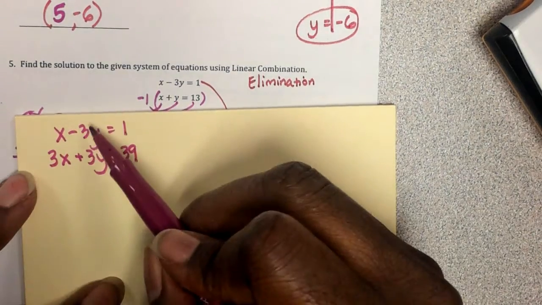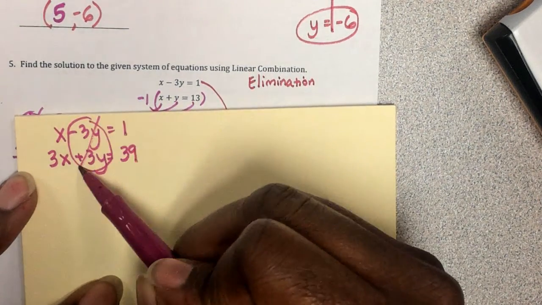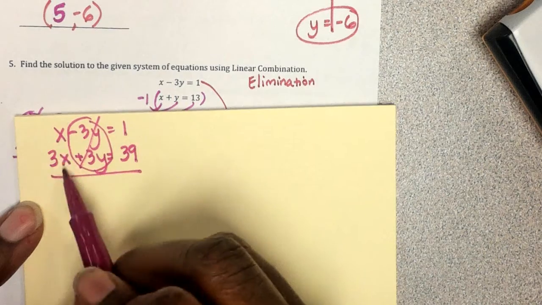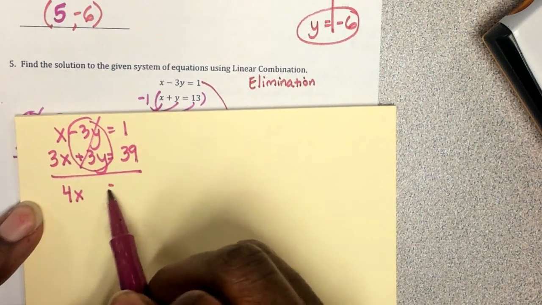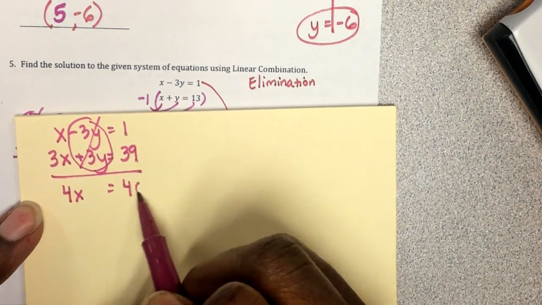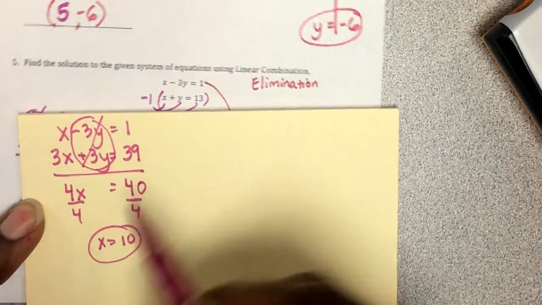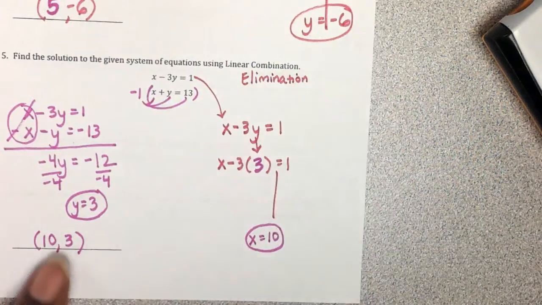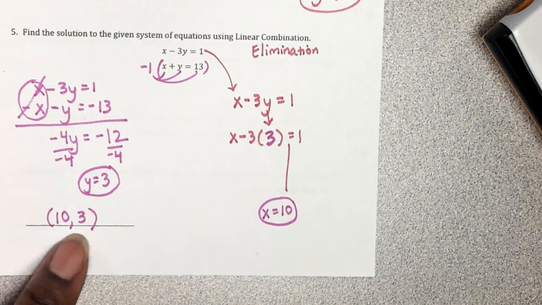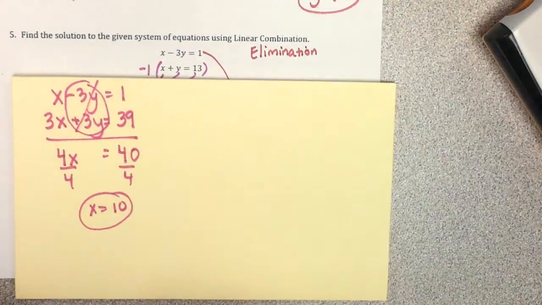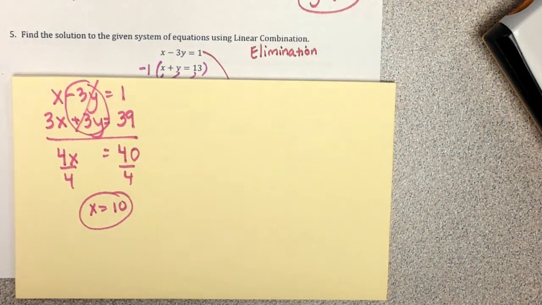And then you would eliminate the y's if you did it this way. Then if I add my x's and then add my constants, divide by 4, yes, x equals 10, which just confirms that I got x equals 10 this way too. So that's another way. Maybe you can check yourself, or if you like doing things both ways, that's great.